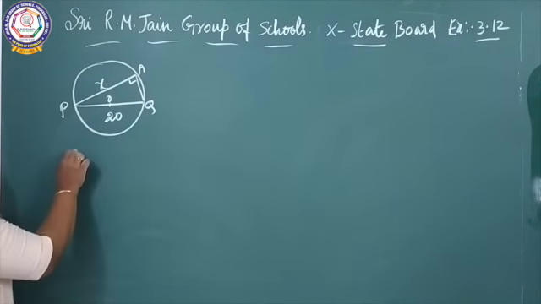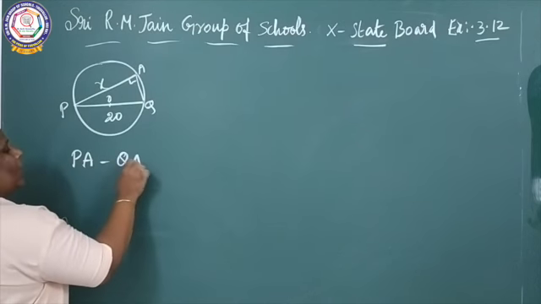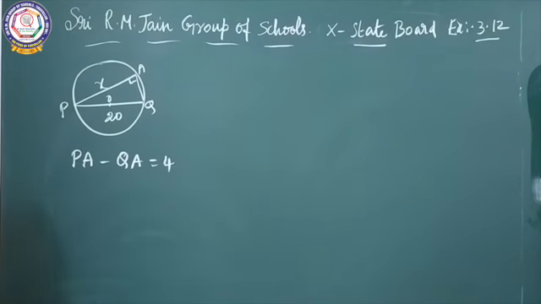See, PA minus QA equal to the difference they have given, 4 meter.